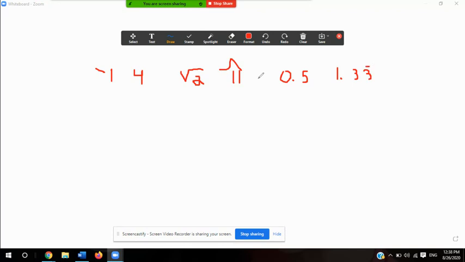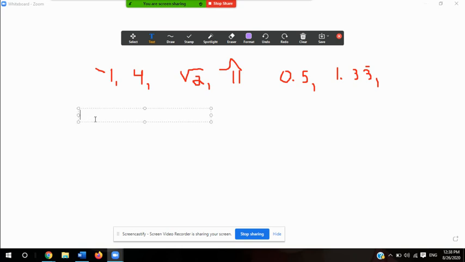So what if I give you these numbers: -1, 4, the square root of 2, pi, 0.5, and 1.33? I want you to classify them as either rational numbers, irrational numbers, natural numbers, or integers.